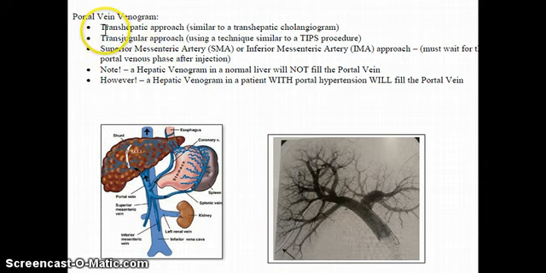So again, I guess there's four routes that you can use in order to access that portal vein and to visualize it. Like I said, some of them are a little bit indirect routes, but those are listed there.